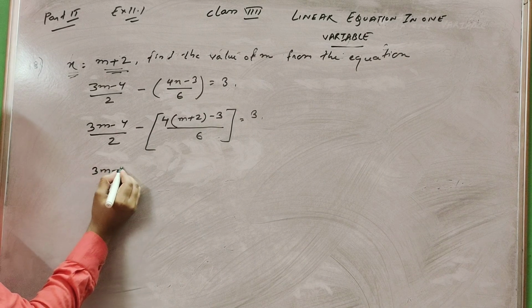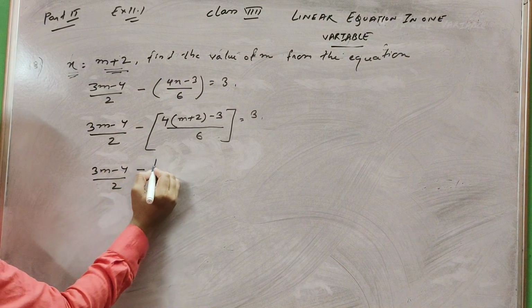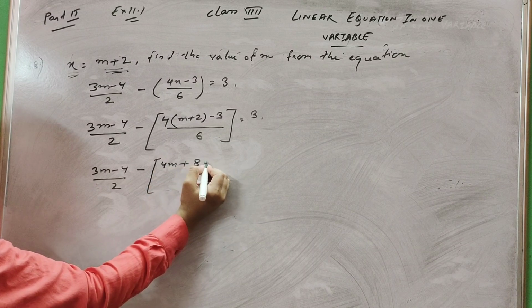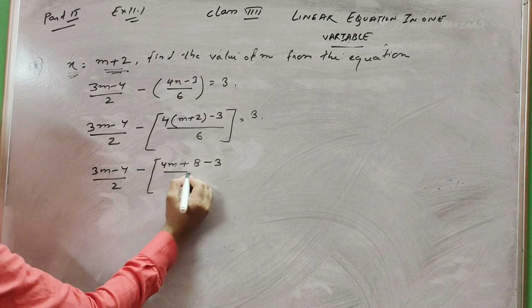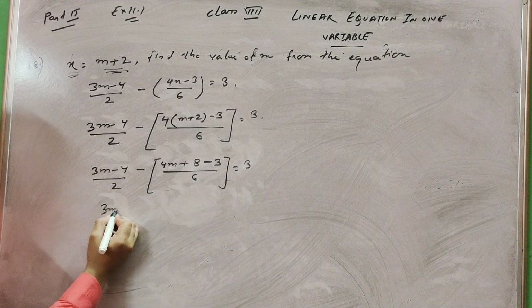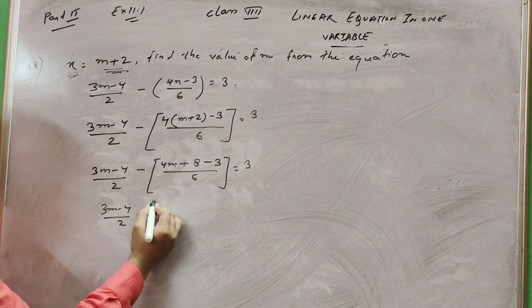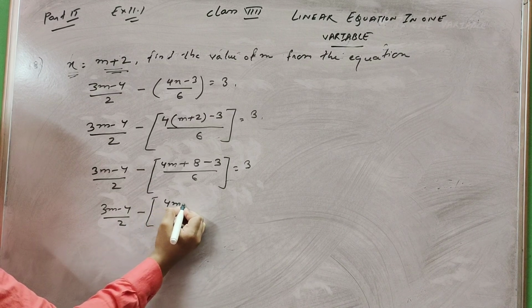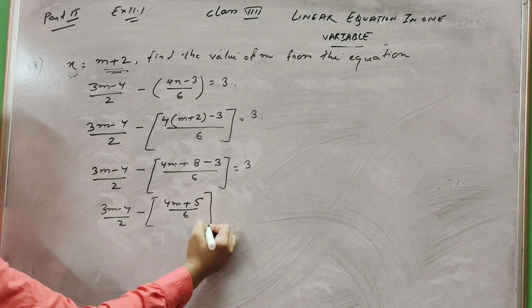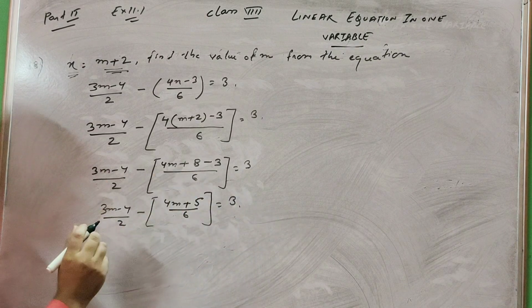So (3m minus 4)/2 minus (4m plus 8 minus 3)/6, that is (4m plus 5)/6, equals 3.